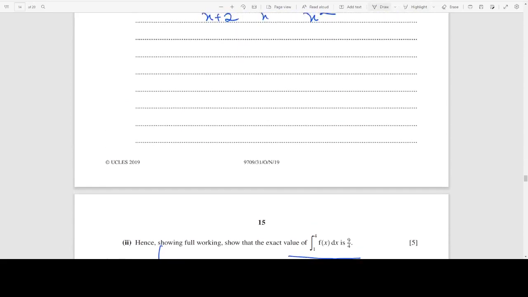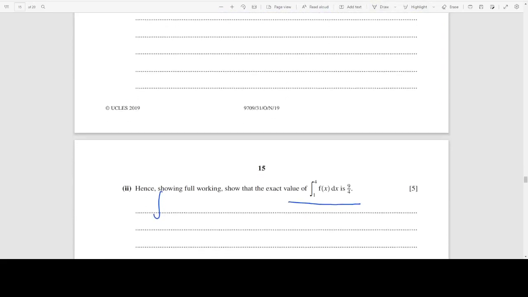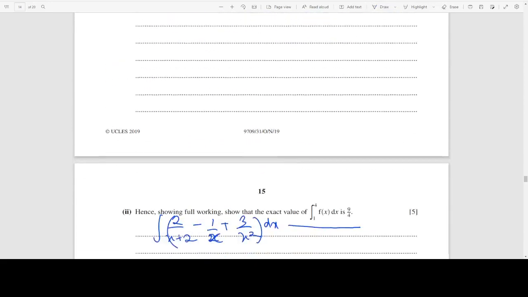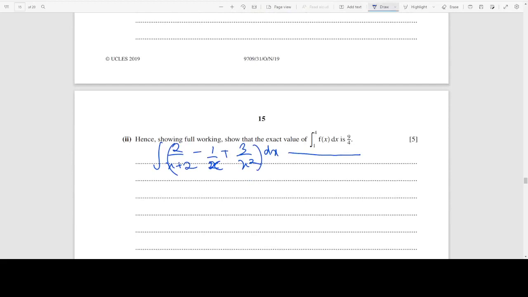So the integral of 2 over x plus 2, minus 1 over x, plus 3 over x squared, with respect to x, and this is from 1 to 4.